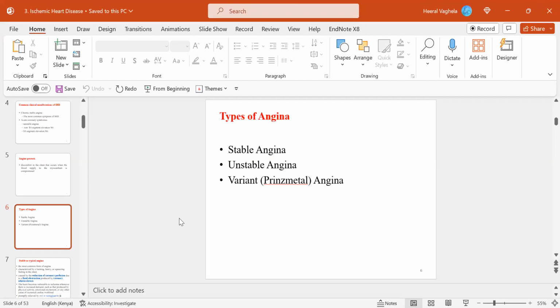Let me give nitroglycerin sublingual. Yes, that's one of the main medications that you give.